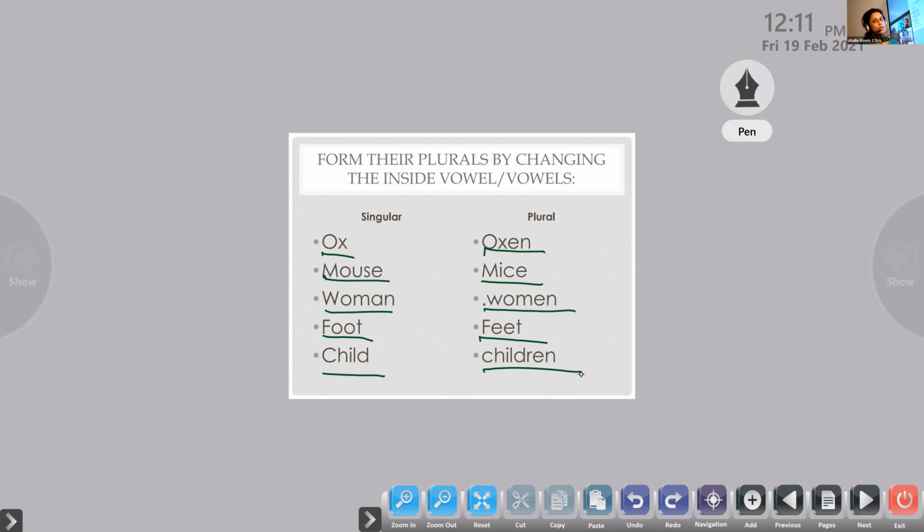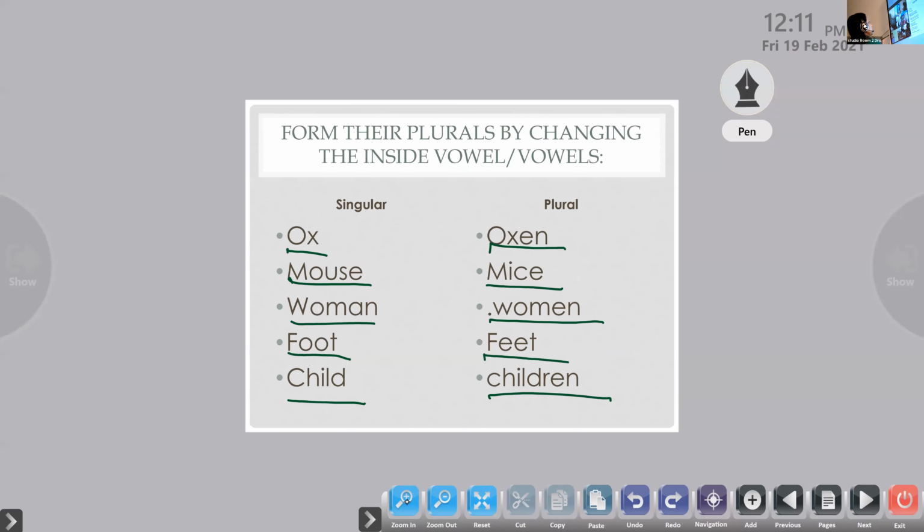So we saw a few words. The nouns which do not change in plural form are sheep, deer, and fish. Those are the three words. Now, the inner vowels may change as they go from singular into plural: man, men, tooth, teeth, ox, oxen, mouse, mice, woman, women, foot, feet, child, children.